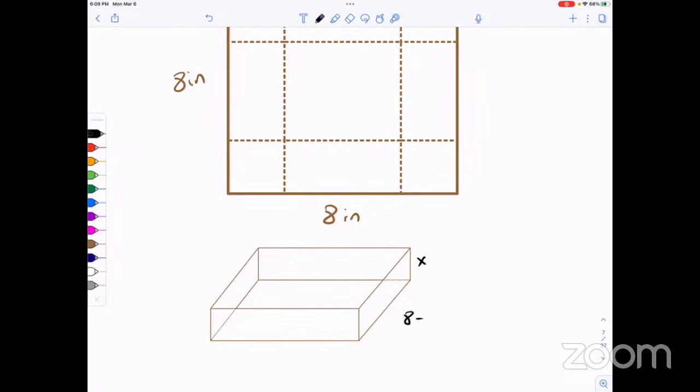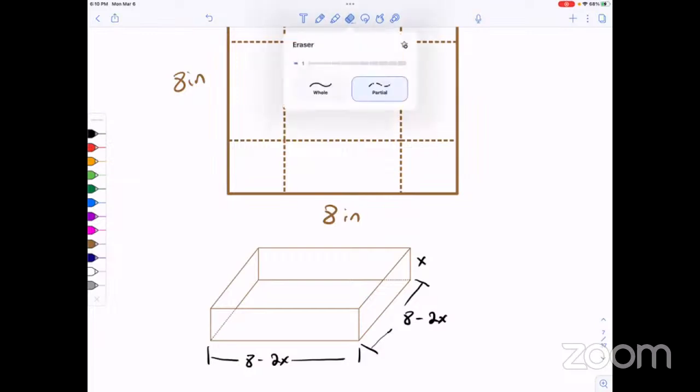And I think this one also is going to be 8 minus 2x, basically from here to here. Okay. This one runs from here to here, like that. Okay. And this x runs from here to here. Okay. So again, if anything is not clear, just stop me.